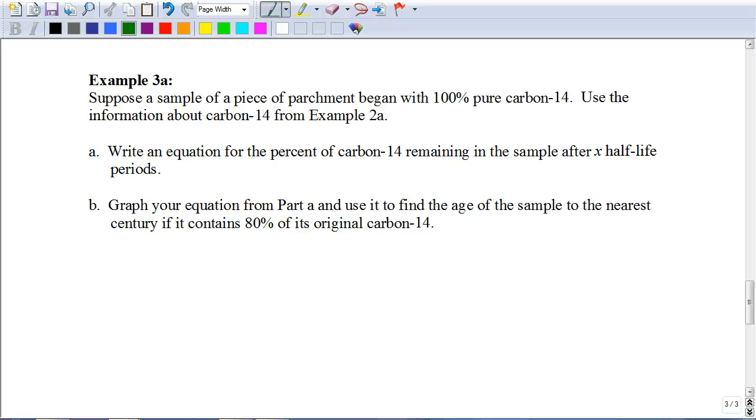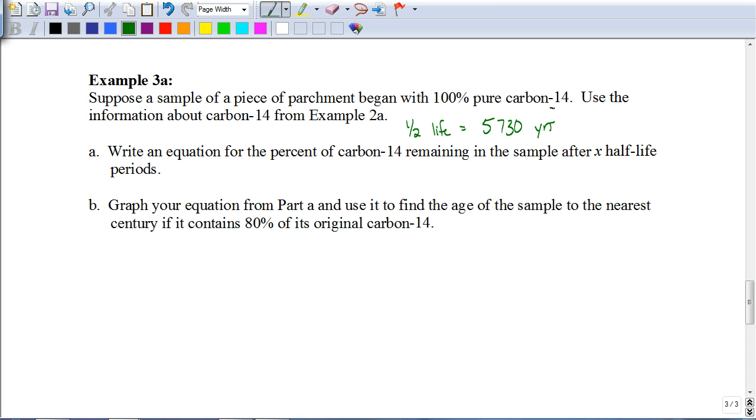This one says, suppose a sample piece of parchment began with 100% pure carbon-14. Use the information about carbon-14 from example 2a. So we're going to use the fact that the half-life for carbon-14 is 5,730 years. That's what they're referring to.